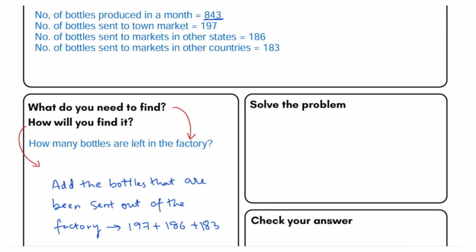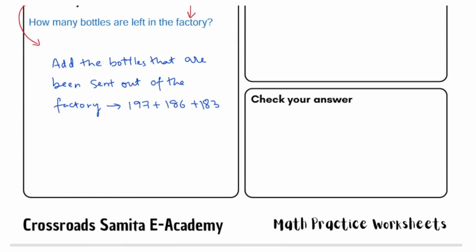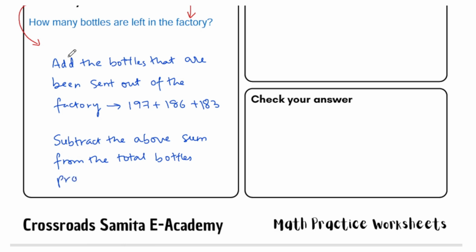Once I get this answer, I am supposed to subtract this sum from the total number of bottles that are produced. So what I'm going to do now is subtract the above sum from the total bottles produced.